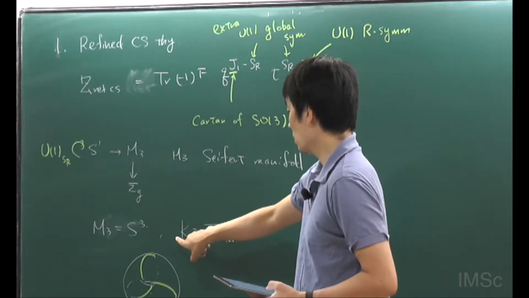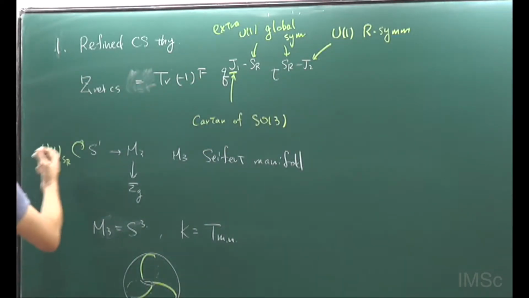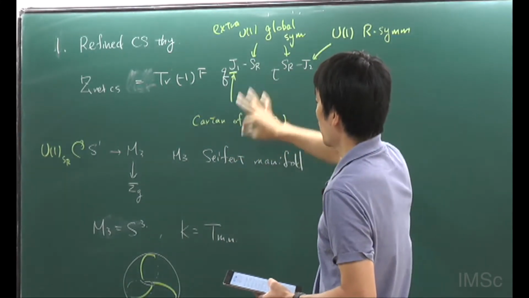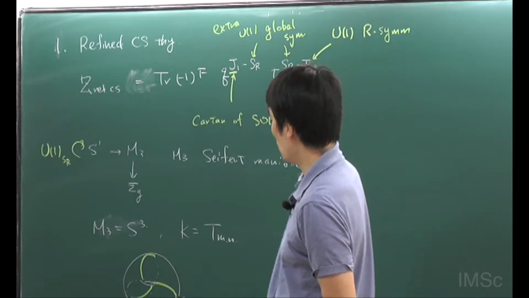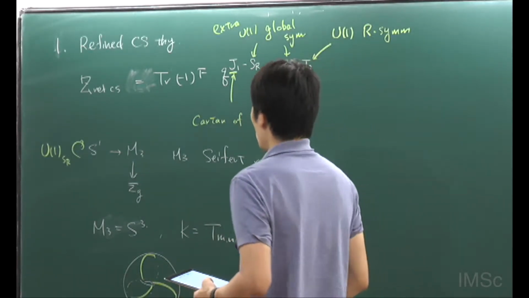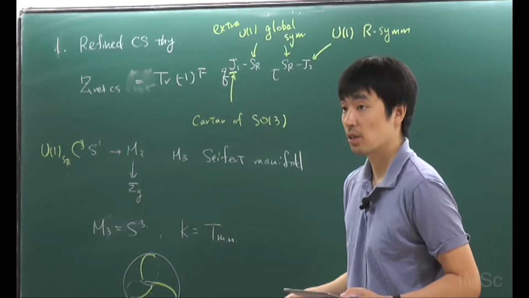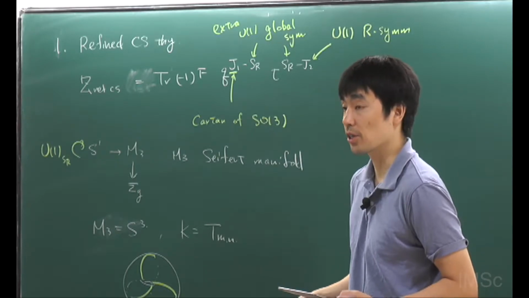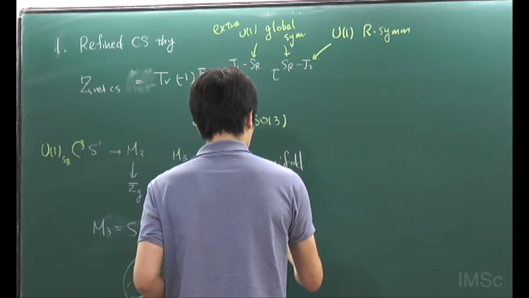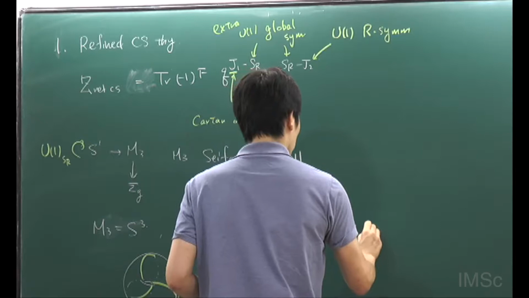If the knot is a torus knot, you can still preserve this U(1) symmetry. Therefore, this refined Chern-Simons theory can only be applied in the case of torus knots. You cannot consider refined Chern-Simons theory for an arbitrary knot. Only for torus knots in S3, which preserve the U(1) symmetry.